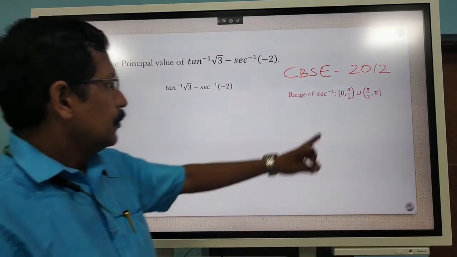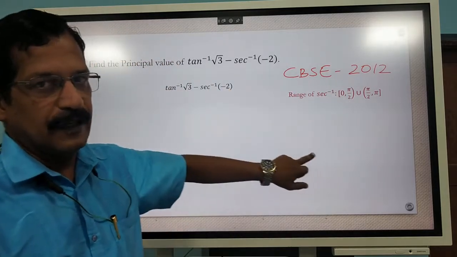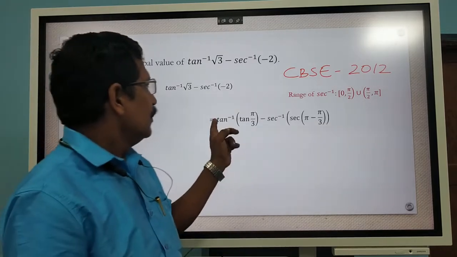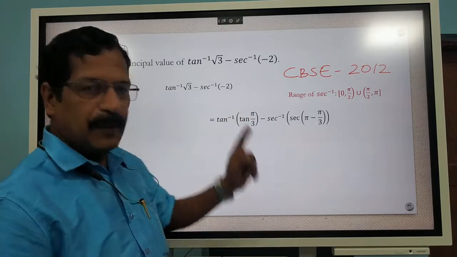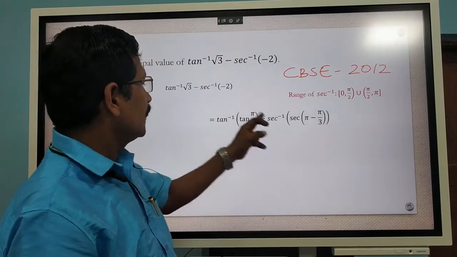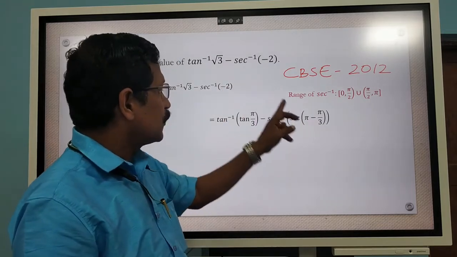Now, tan inverse root 3 we know. Root 3 is tan pi by 3. So this can be written as tan inverse tan pi by 3 minus sec inverse minus 2.